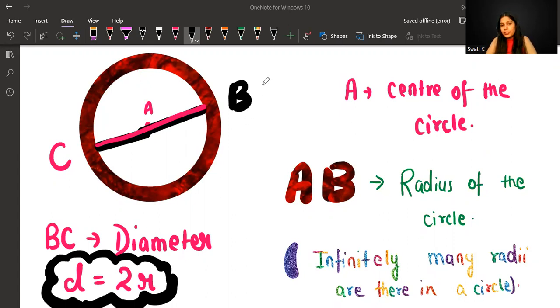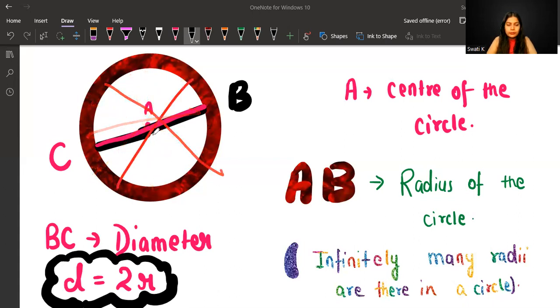Now the next question is, how many diameters can we draw? So again, the answer is infinitely many. We can draw infinitely many radii passing through the center of the circle. Make sure it passes through the center. I'm just showing you here. So how many such diameters can we draw? Infinitely many.